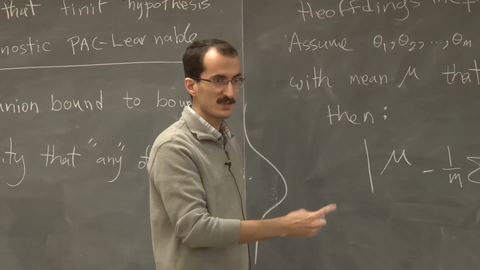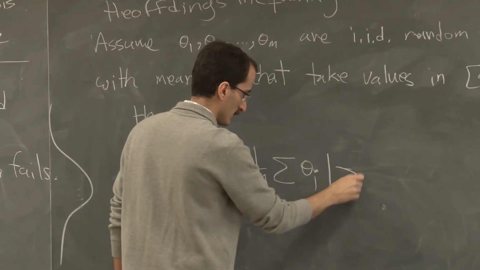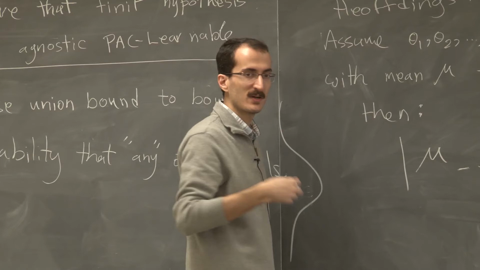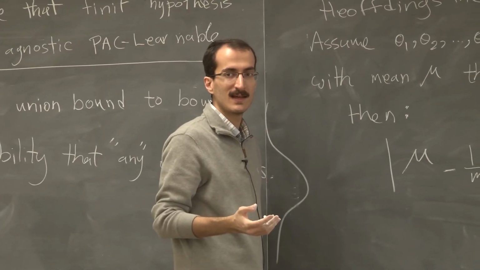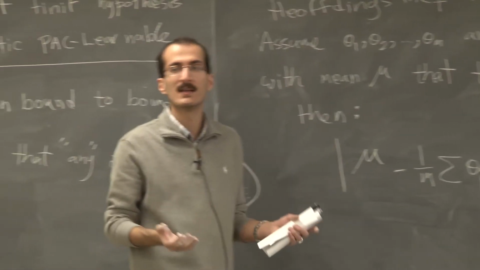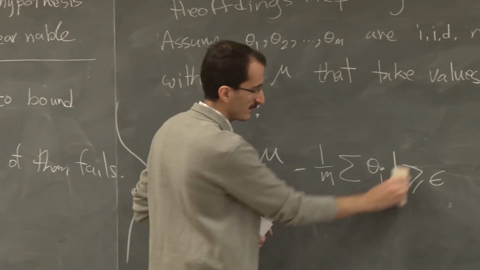Let's put some epsilon here. Because it has a probabilistic nature, I cannot bound that the difference between these two things is all the time less than epsilon. So let's start with the false thing.